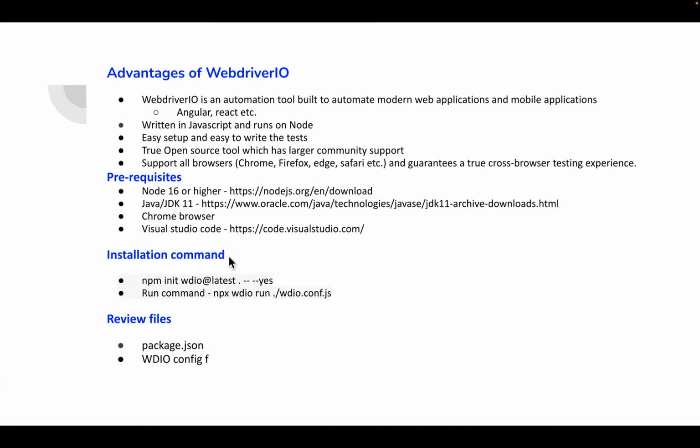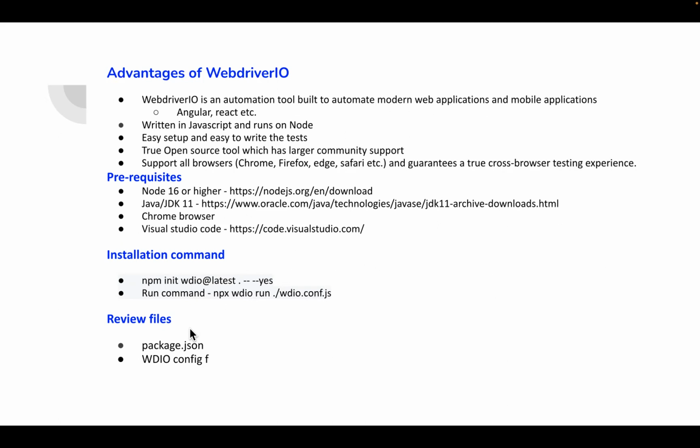And this is the installation command, and you just need to run this command to install WebDriverIO and its libraries, right? And this is the run command to run the test. I will talk about this one a little bit more once our installation is done.